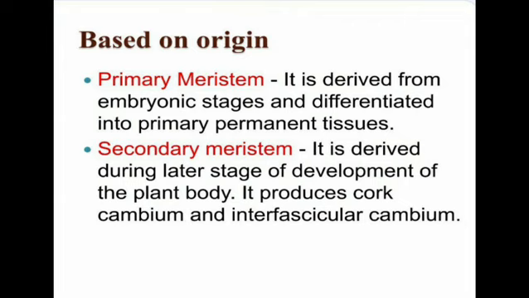Based on origin, meristematic tissues are divided into two types. 1. Primary meristem. It is derived from embryonic stages and differentiated into primary permanent tissues. 2. Secondary meristem. It is derived during later stage of development of the plant body. It produces cork cambium and interfascicular cambium.